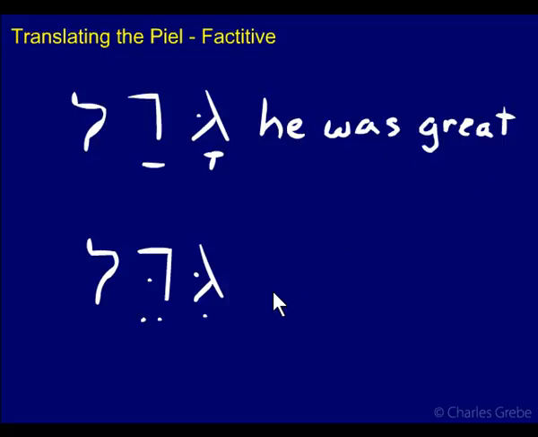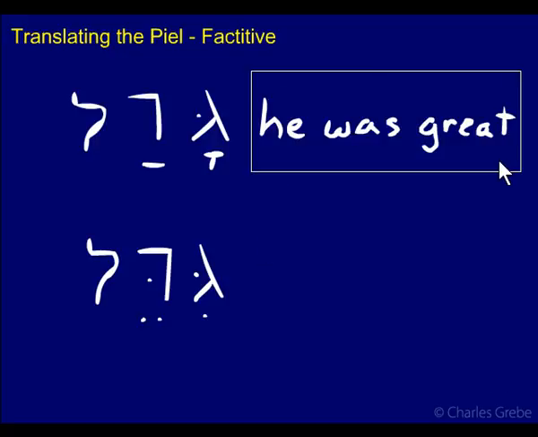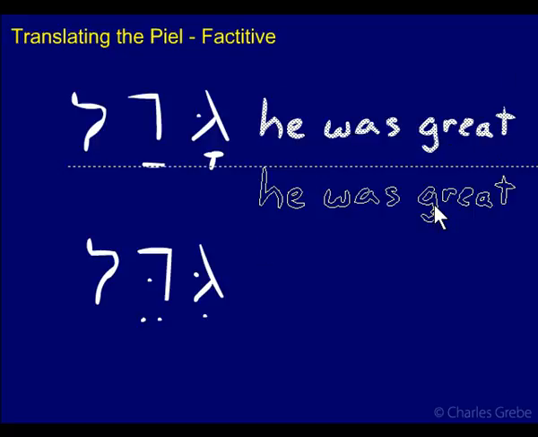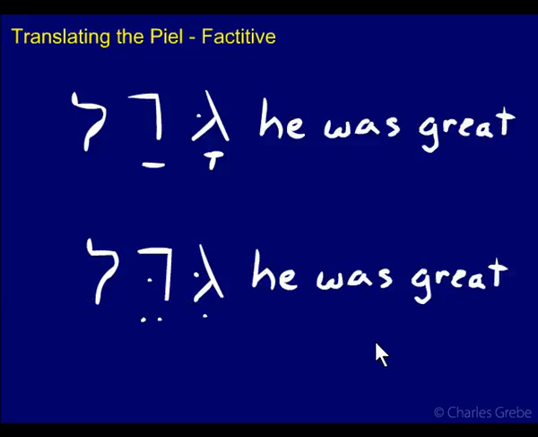Now, in the Piel, if you want to translate this as a factitive, then it could be he made great. Save myself some typing here, I'll just copy this. So where we had "he was," we now want to put "he made." Or perhaps, he made great, or he magnified. It would be a smoother way to talk about it in English.